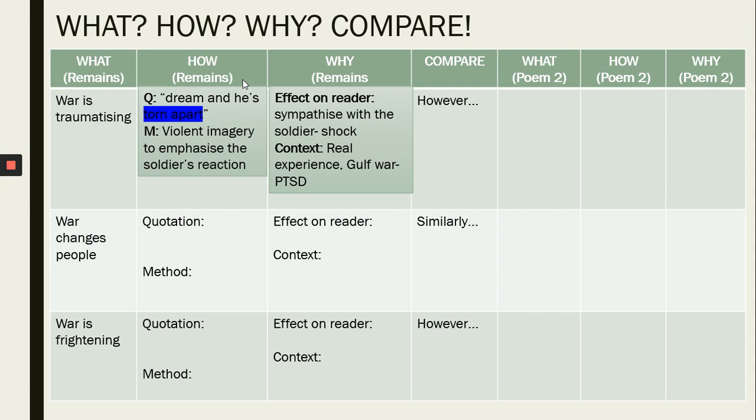When he explains it earlier on, it doesn't seem like that, but dreams tend to magnify what we're feeling. And then we talk about the context. I'm going to talk about the fact that it's a real experience, which should also make the reader sympathize with him and shock the reader as well.